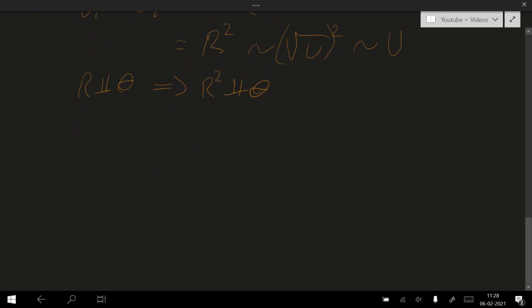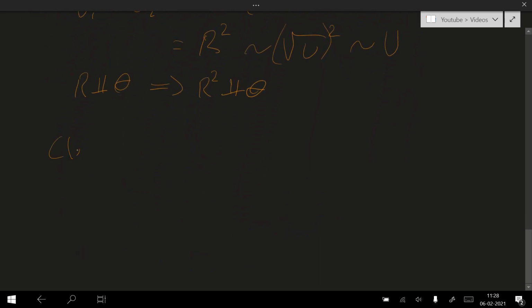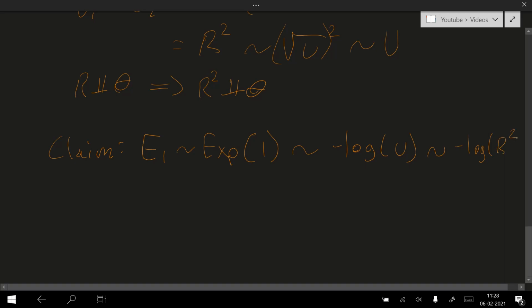Now I claim one more thing. I claim that E1, a standard exponential, has the same distribution as minus the logarithm of u, which then has the same distribution as minus log r squared.